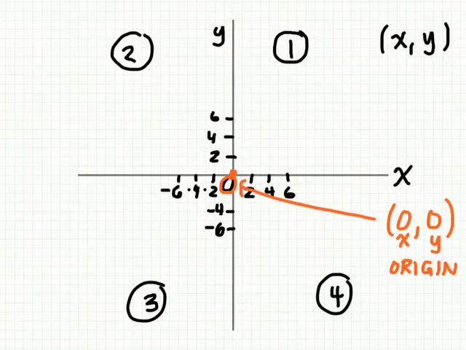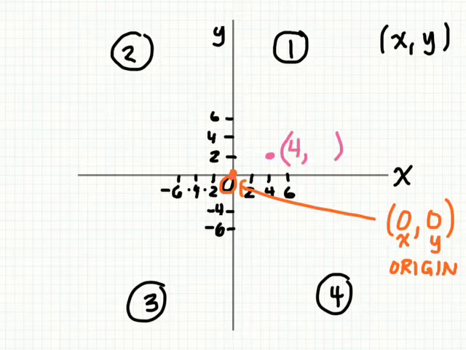Anytime we label a point, let's start with this point here. If I place a point on that part of the grid, and I ask you to tell me where this point is located, we start at the origin. I always start with moving along the x-axis. How far did I have to move along the x-axis? How many units? Good, 4 units to the right.